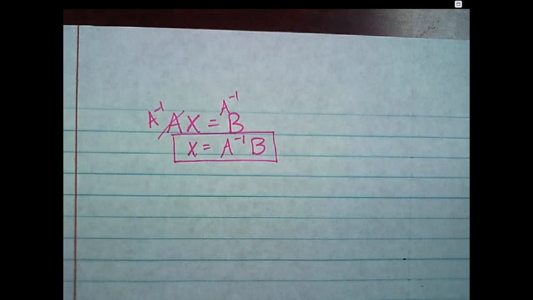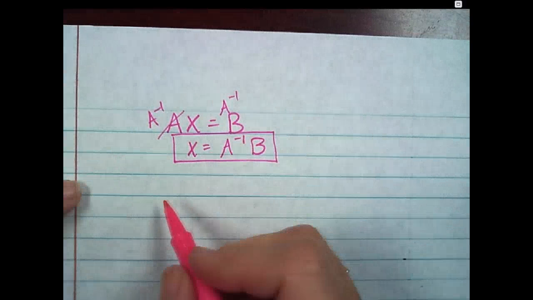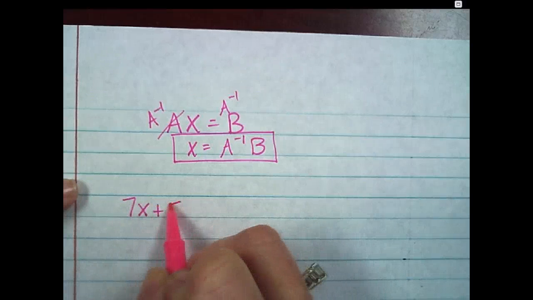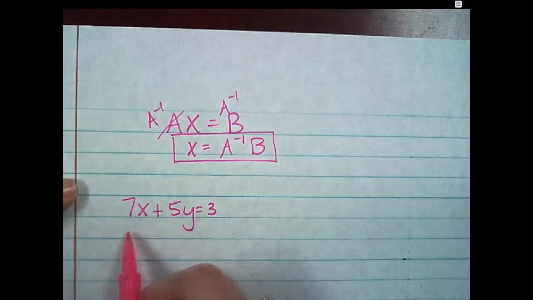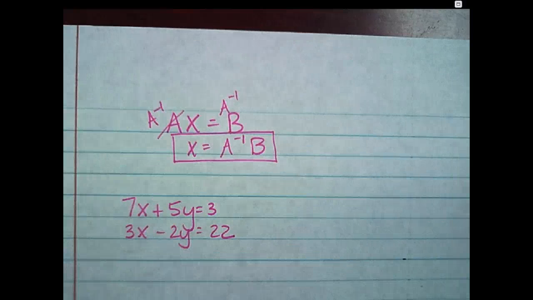So on the same token, if I give you an equation, 7x plus 5y equals 3, and 3x minus 2y equals 22, we're gonna actually work on a matrix equation.